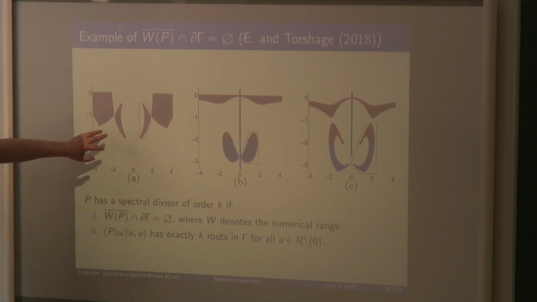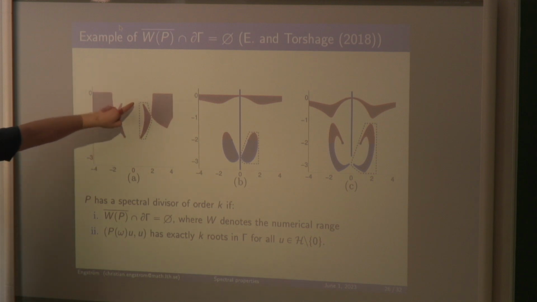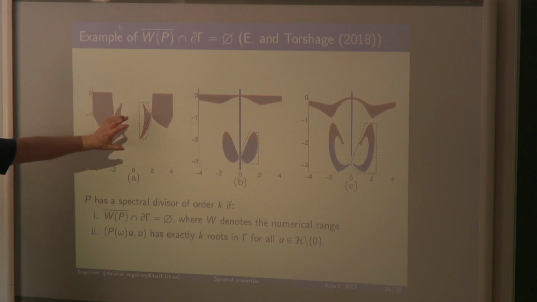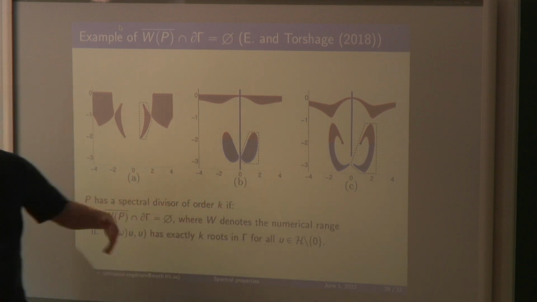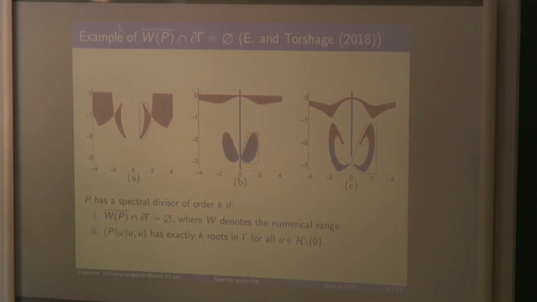These are plots of the numerical range for certain cases, and what we hope for is that we have an isolated part, like this one here, where a dotted line around it separates it from the rest. It should be bounded, and the point of interest should be inside. So this is the point of interest here. And we have the same thing in a couple of other cases. Okay? So this is what we hope.